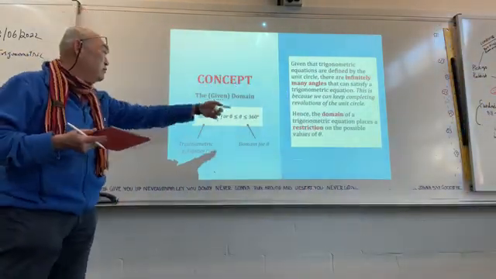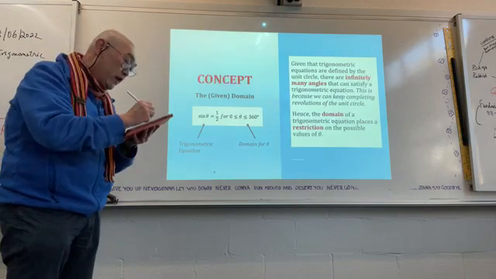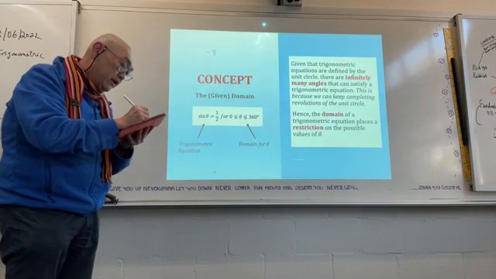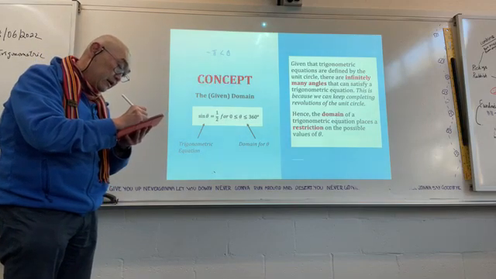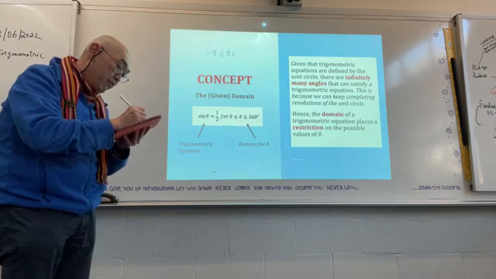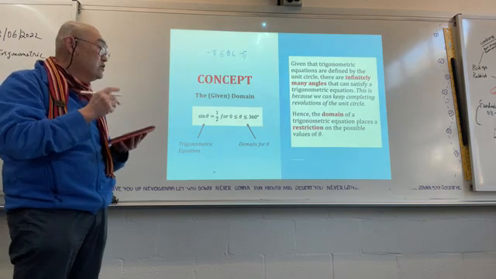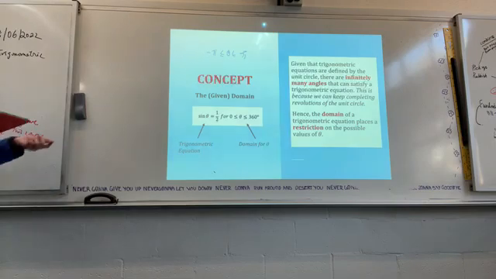It could be 0 to 360 degrees. You could have been given minus pi less than theta less than pi, and so on and so forth. There are many ways of doing it. There are many restrictions.